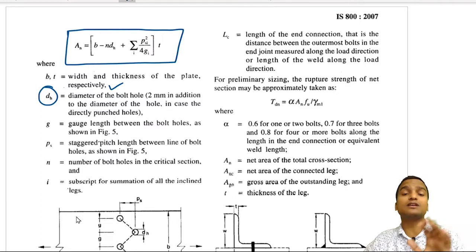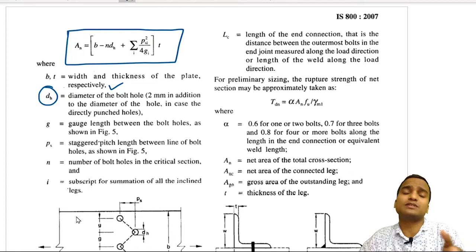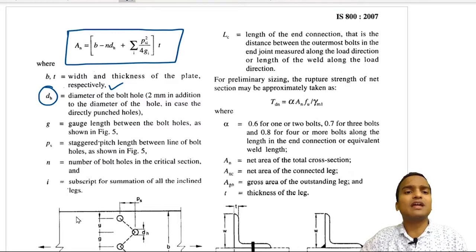So everything is written in the code, and we can just have a clear reading of all the information that is given, and we can take the help of all the formulas which are already provided, and we need not remember these. Okay, so you can directly see these formulas from the IS code itself. Now DH is equal to D plus 2.